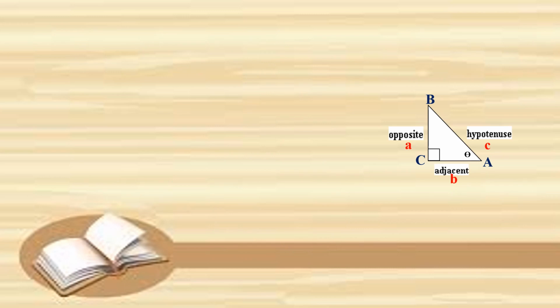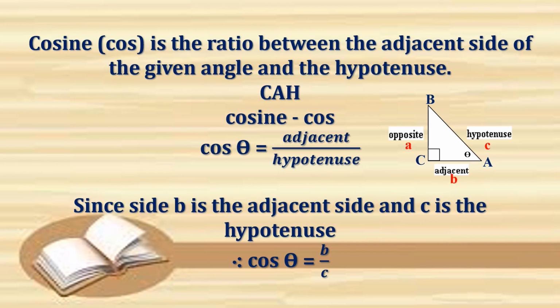The second trigonometric ratio is cosine, written as cos. Cosine is the ratio between the adjacent side of the given angle and the hypotenuse, and that is written in the mnemonic CAH, which means cosine theta is equal to adjacent over hypotenuse.